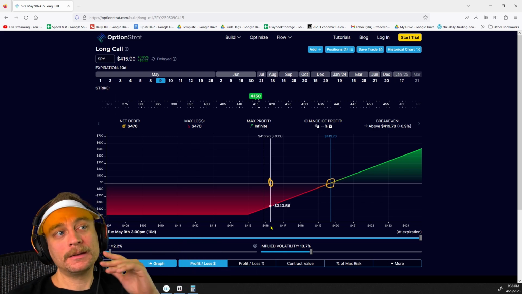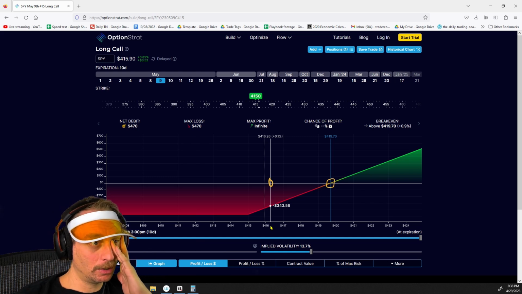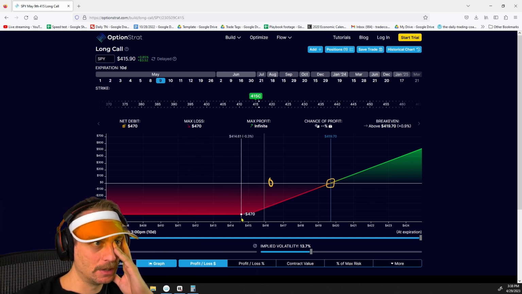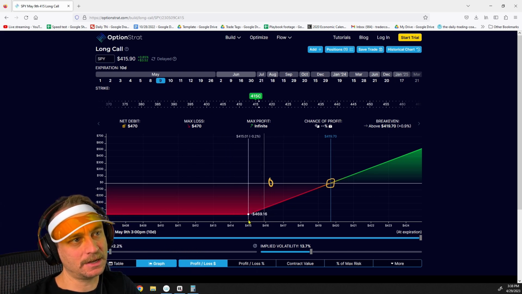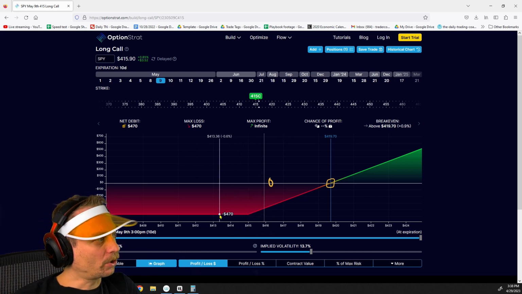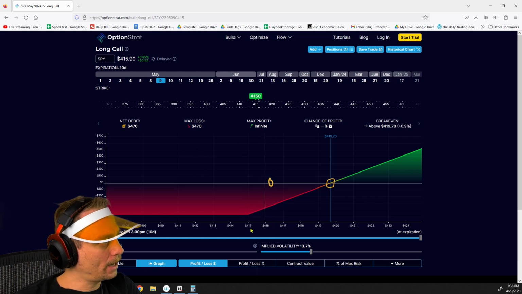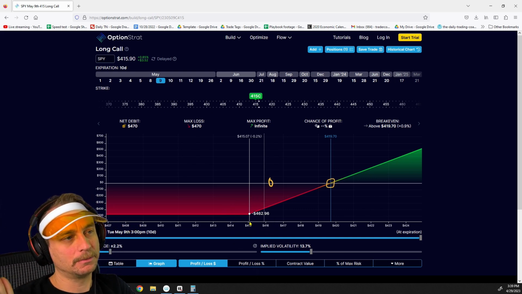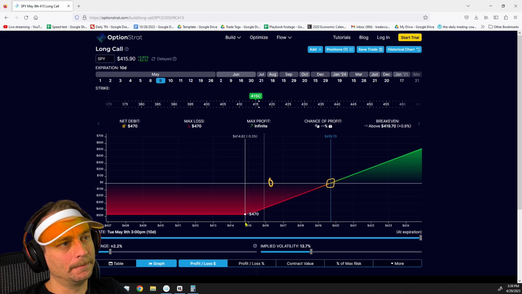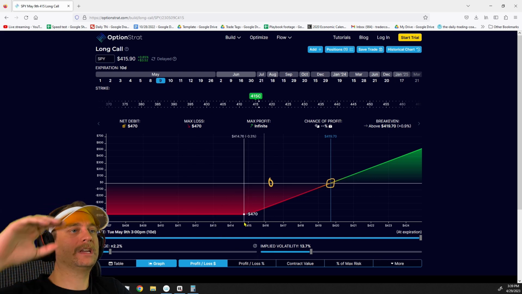If the market doesn't move, we're going to lose. We're actually going to lose a max of 470. Because again, this is off. Do you see how this curve has a hard angle right here? This is where we hypothetically bought the strike. It's so off because the market is closed. But we're going to be losing a max of 470.